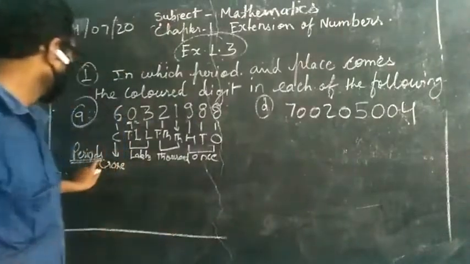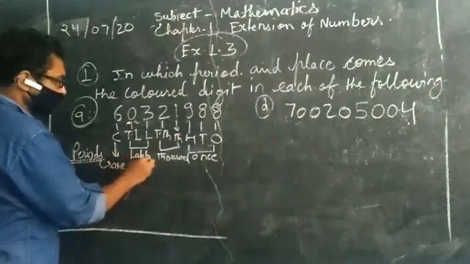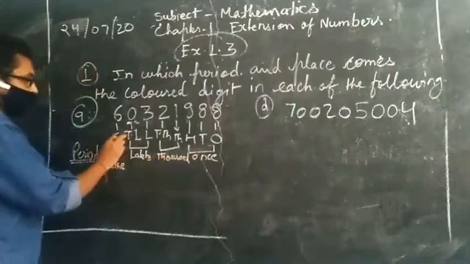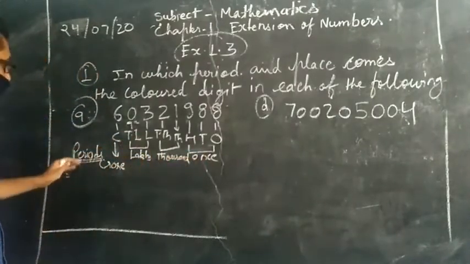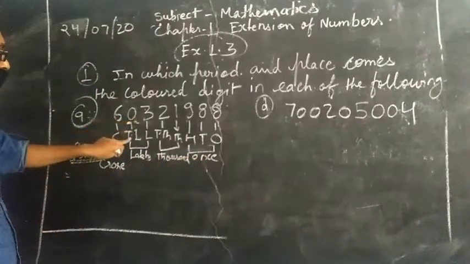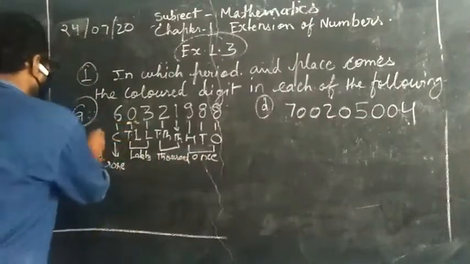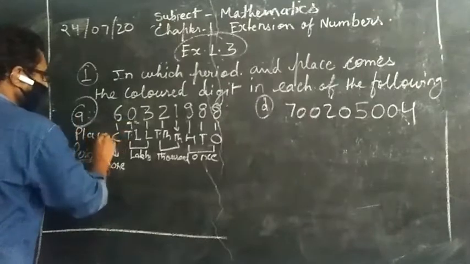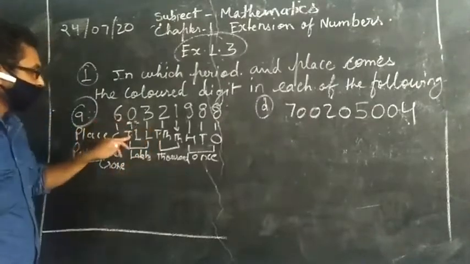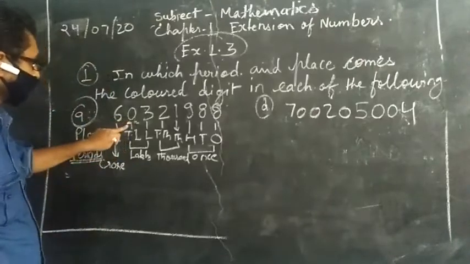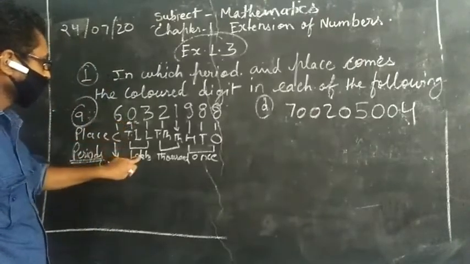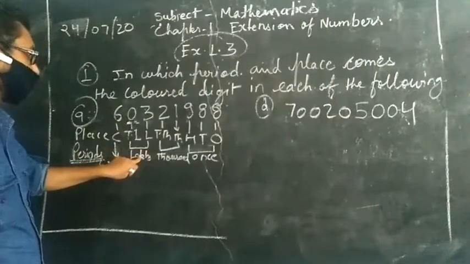So there we can see these places and these periods, and 0 is at the 10 lakh place. This colored digit 0 is at the 10 lakh place, and it is in the lakh period.